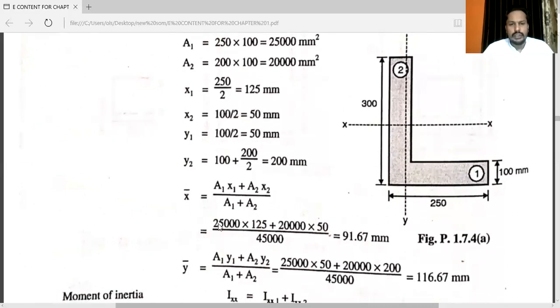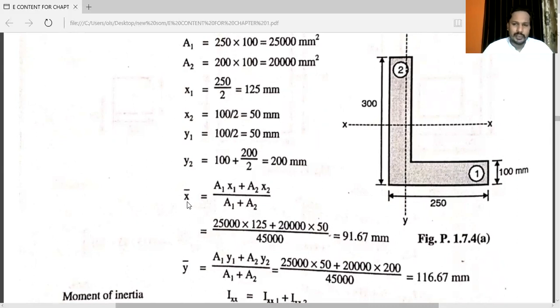So a1 25000 into x1, that is 125, plus a2, that is 20,000, x2, that is 50, and summation of all entire area, that is 45,000. So the answer will be 91.67 mm. That is your answer for x bar.